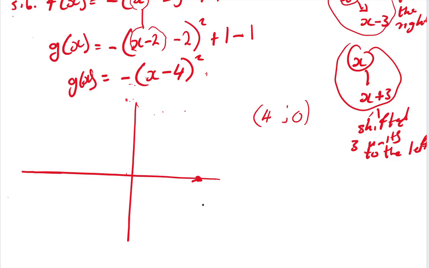I don't know whether I will sketch it clearly, but I will try my best. But here we can see that it is 4 and 0. Yeah, something like that. You were supposed to do that.